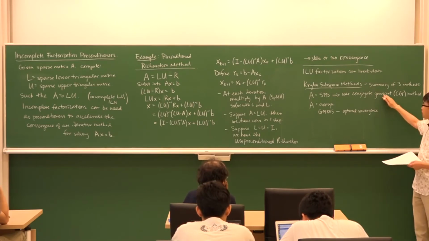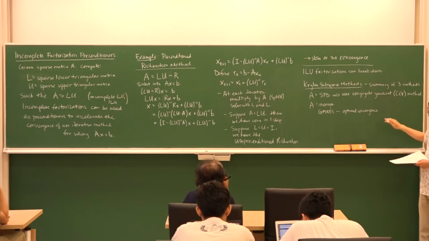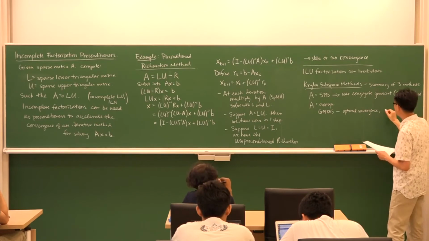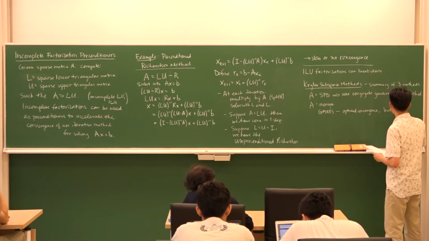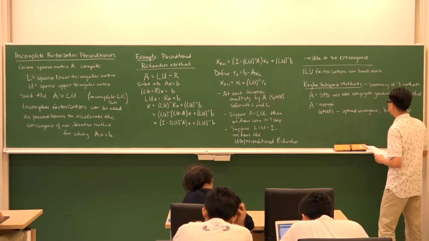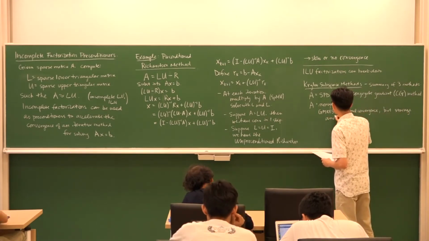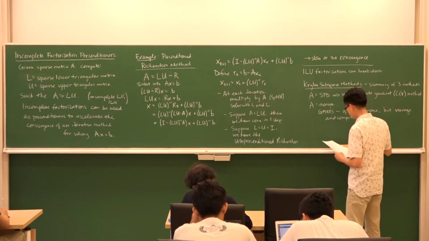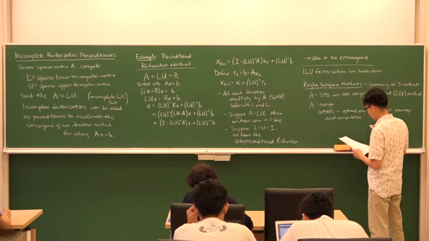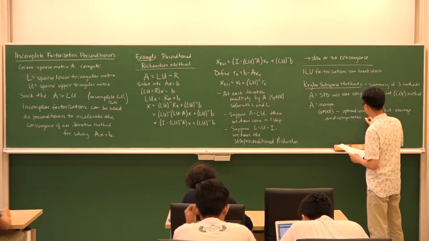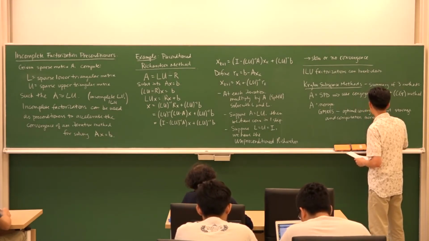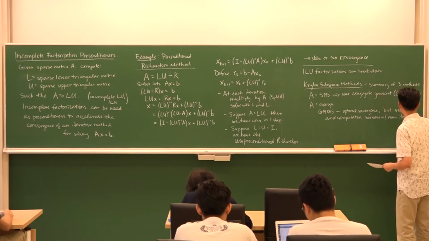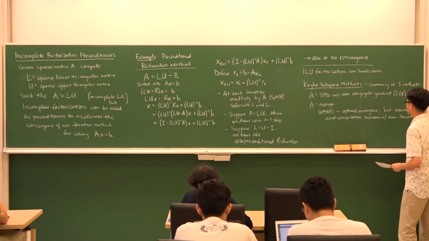In the conjugate gradient method, that doesn't happen. Okay? So we have optimal convergence, but the bad part, as I just said, is that storage and computation increase with the number of iterations. Okay.